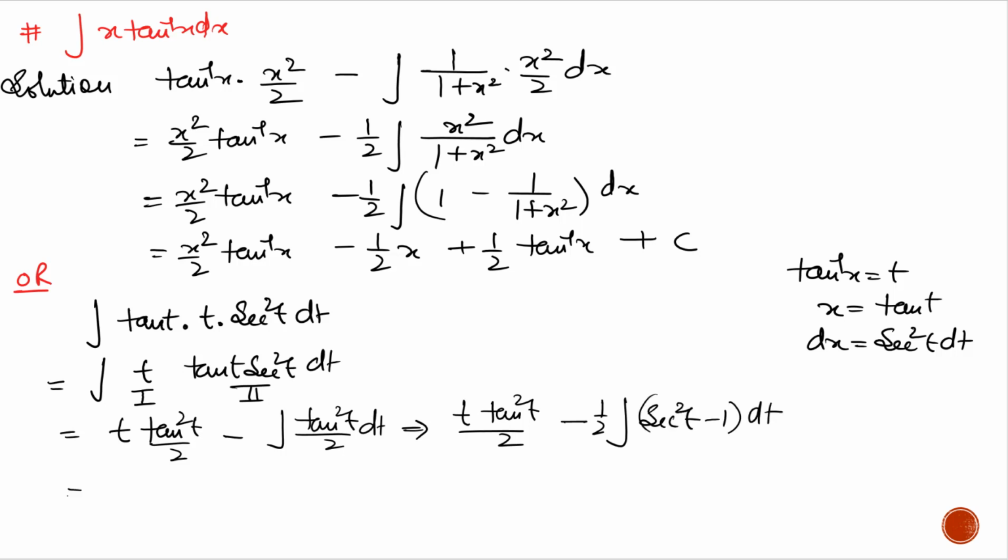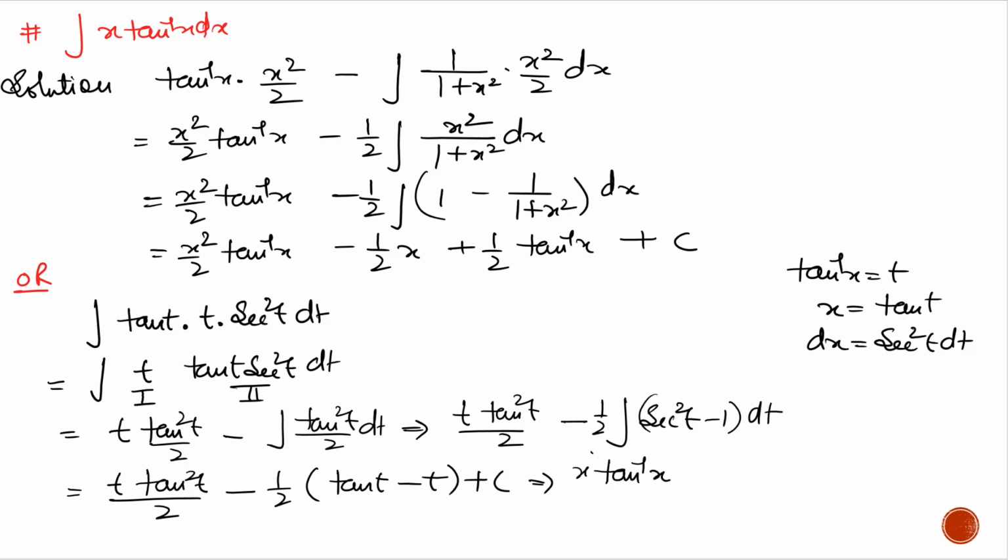Integration of sec square t is tan t, and the integration of 1 is t. Now replace tan t by x and t by tan inverse x. So we have the answer x square tan inverse x upon 2 minus half in bracket x minus tan inverse x plus c.